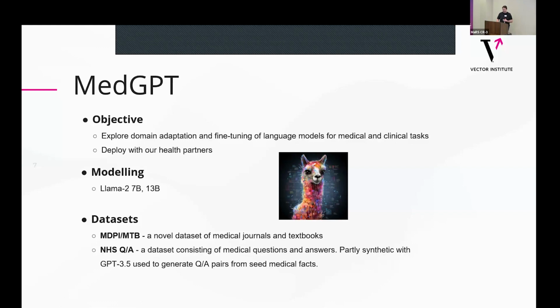We've also been working with a QA data set that's a semi-synthetic data set generated from seed medical facts. In total, this is about 1 billion tokens. So not a massive data set by any means, especially in comparison to pre-training, but not small nonetheless.